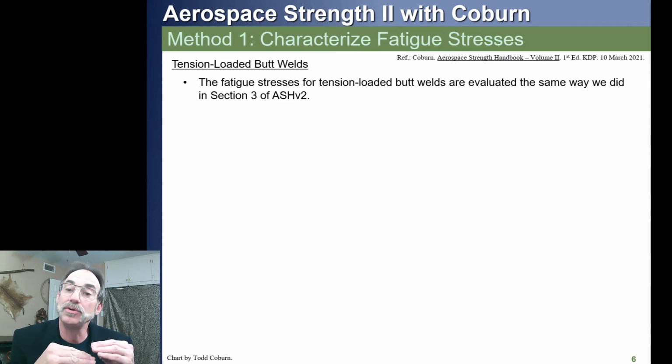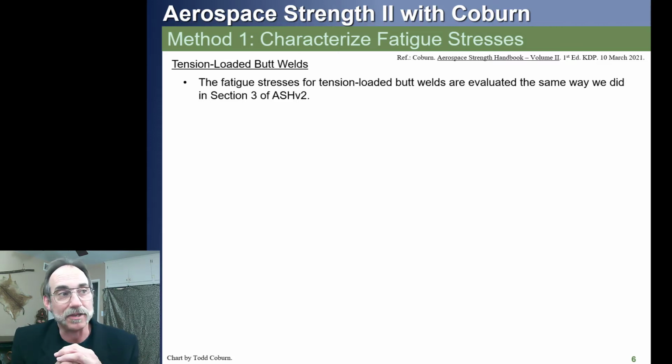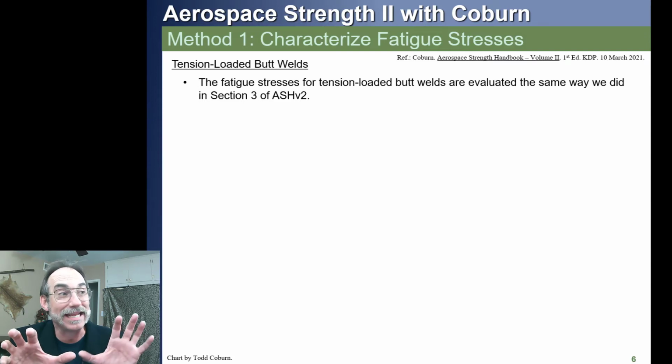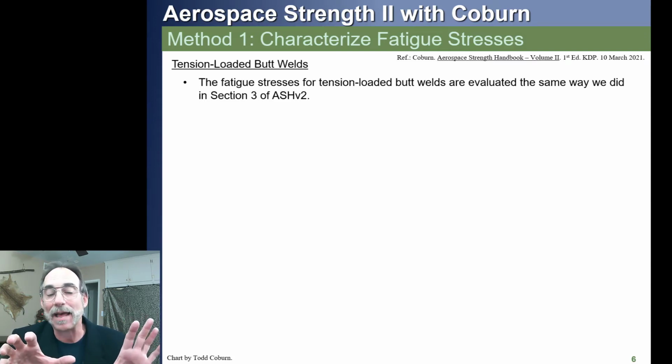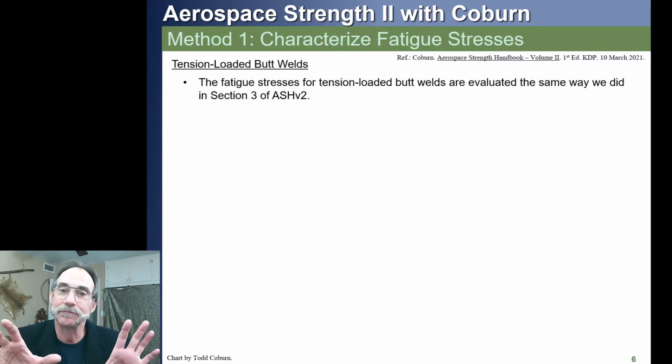If it's for normal loads, it's the fully reversed normal stress, and for shear loads, it'll be the fully reversed shear stress, which means it's going from one shear value to exactly the opposite, plus, minus, or shear going this way to shear going this way, up and down, right? If you go from the same value, positive and negative, that's a fully reversed value. If you have a fully reversed stress already, we can skip this step because we don't need to characterize our stress because we already know what it is.